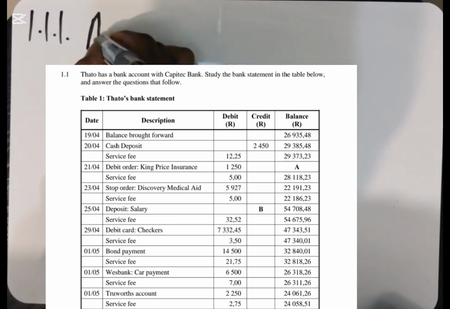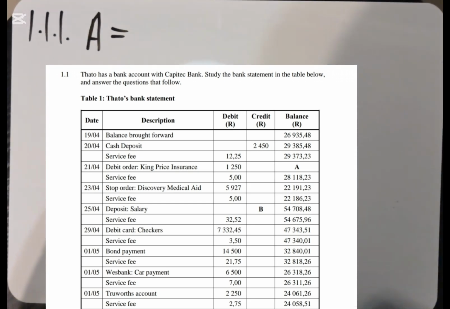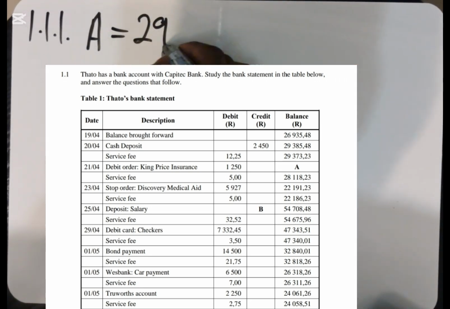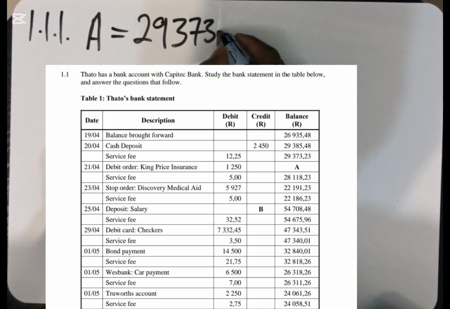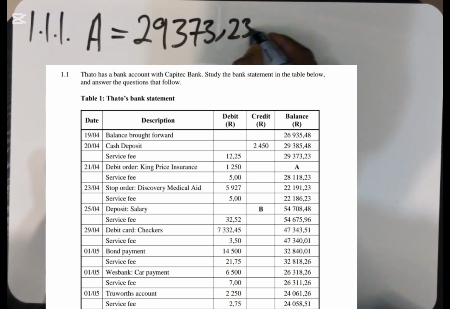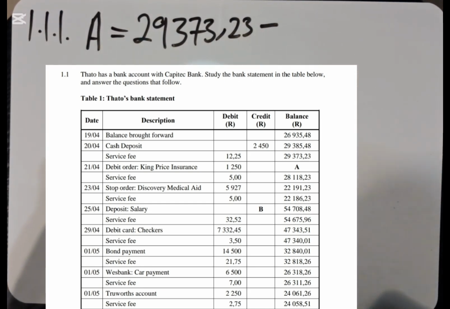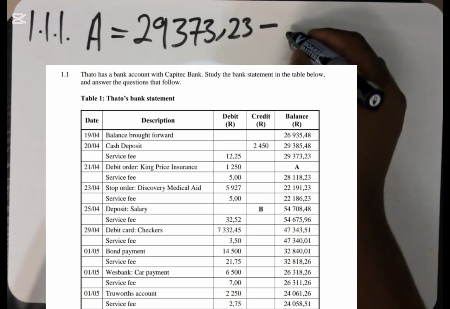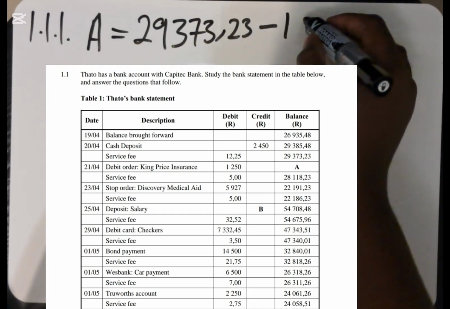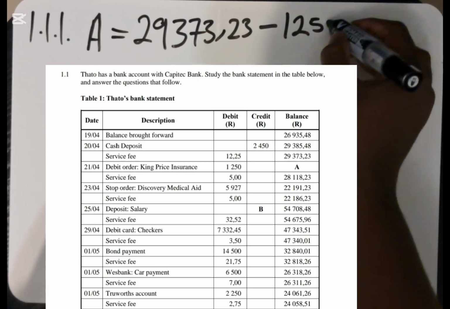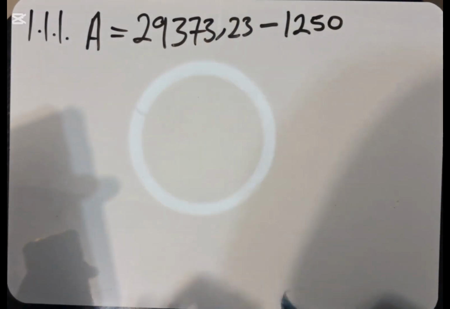So A is equal to the previous balance, which is 29,373 and 23 cents, minus 1,250, because this 1,250 is under debit, and debit is money going out of the account. Then we use a calculator.